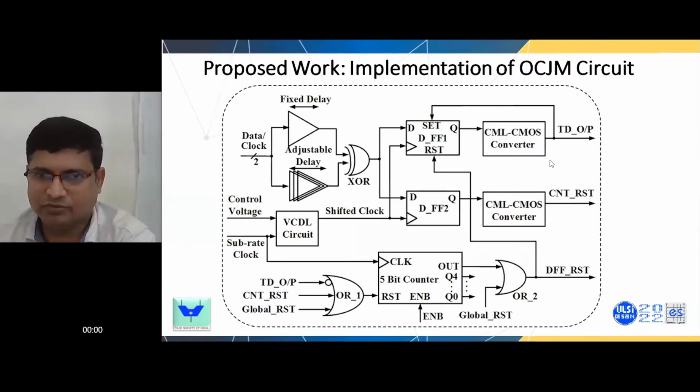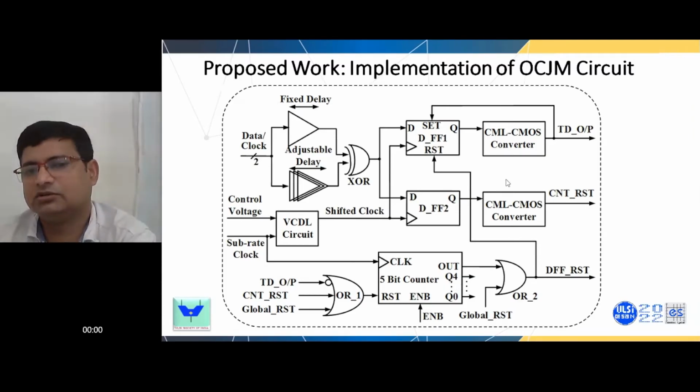Once the jitter is over, the output pulse should go down to 0, but we wait for some time to see if any jitter is there or not. For that we have arranged counter circuits, so we wait for some count, and once there is no jitter, the jitter output will be 0. Finally, that amount of time is nothing but the peak-to-peak jitter.